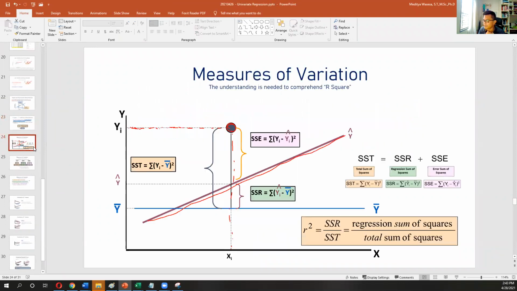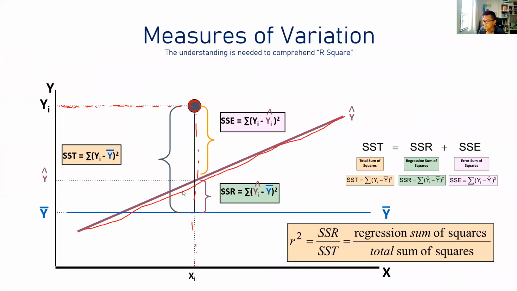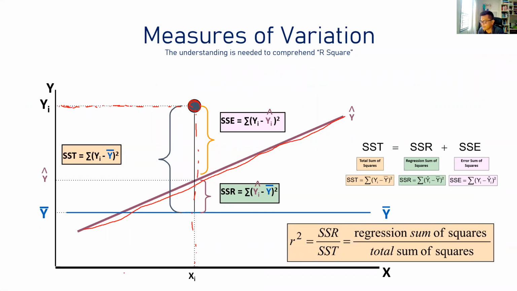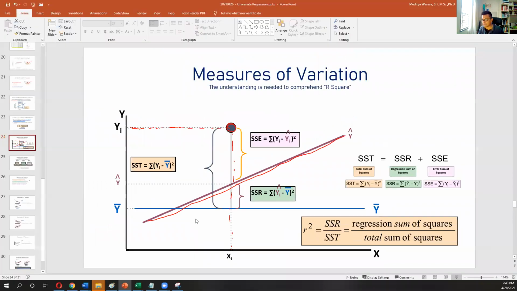To explain this more clearly, I will use this illustration. Suppose you have this data set, with dependent variable y_i and independent variable x.